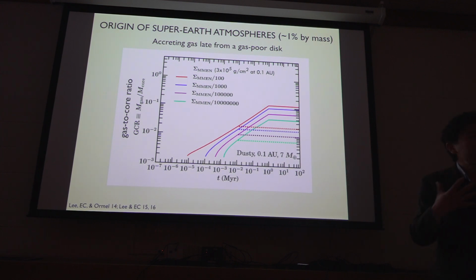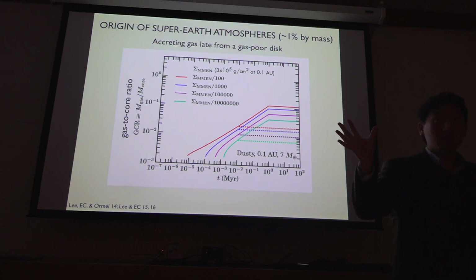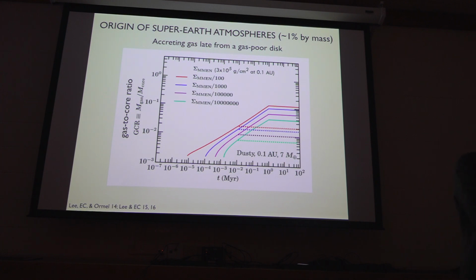The way I like to say it is that this picture is basically the same picture as for the terrestrial planets, just staged a little bit earlier. And that was possible because, for some reason which I don't quite understand, most disks out there which spawn super Earths have higher surface densities in solids relative to the disk that made our solar system.